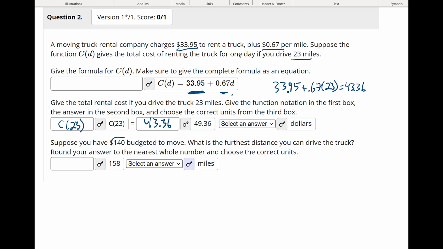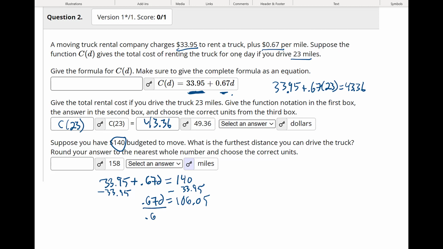And then suppose you have $140 budgeted to move. What is the furthest distance you can drive the truck? So we take that 33.95 plus 0.67D, set it equal to the budget of 140. We can subtract 33.95, and we have 0.67D equals 106.05.